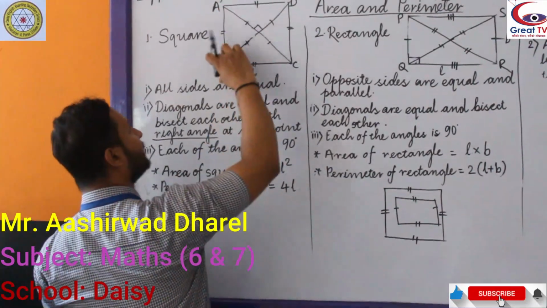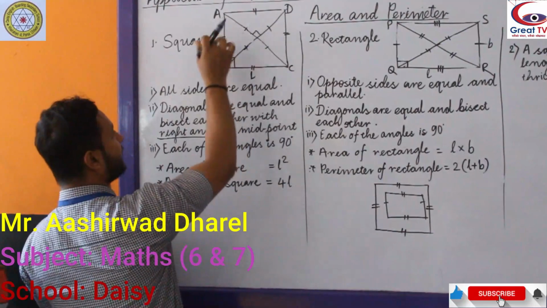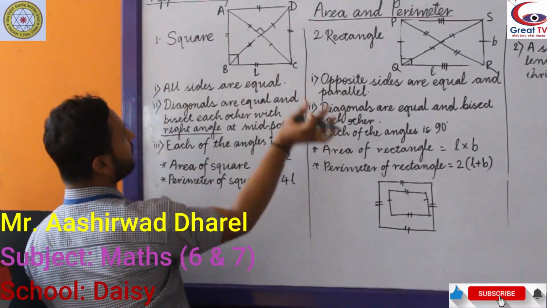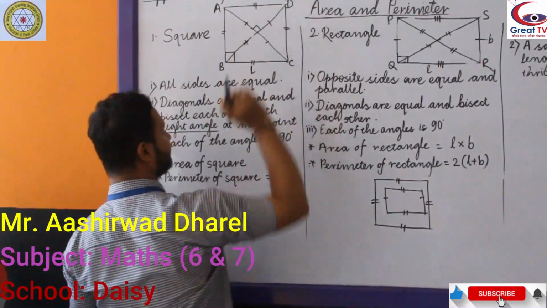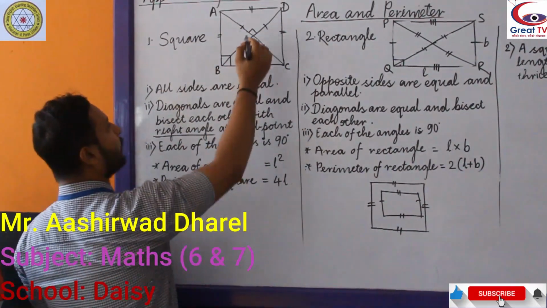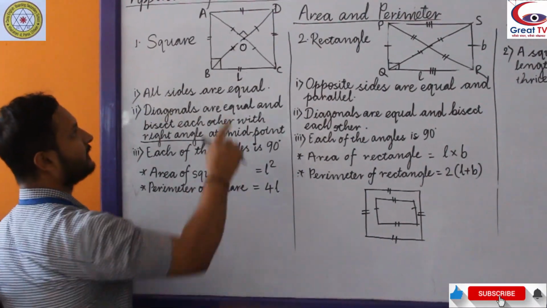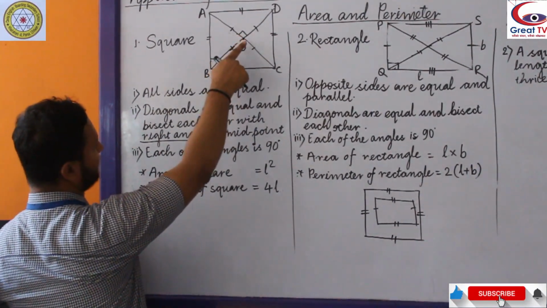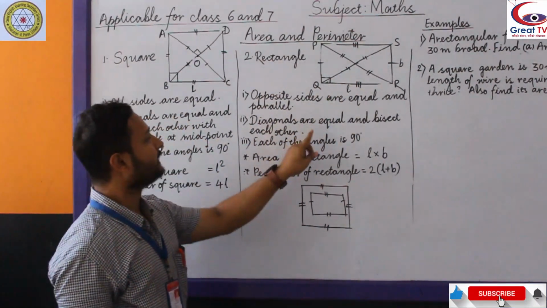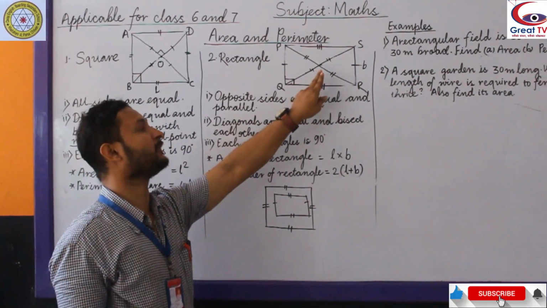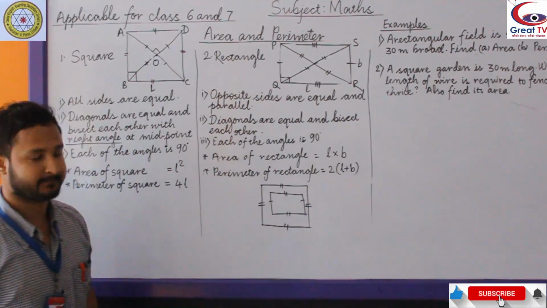Diagonal BD and AC, they are the diagonals of this square ABCD. They are equal to each other. This AC is equal to this BD. Similarly, when these two lines intersect at point O, it forms a right angle over here. But in the case of rectangle, right angle is not formed, but diagonals are equal.